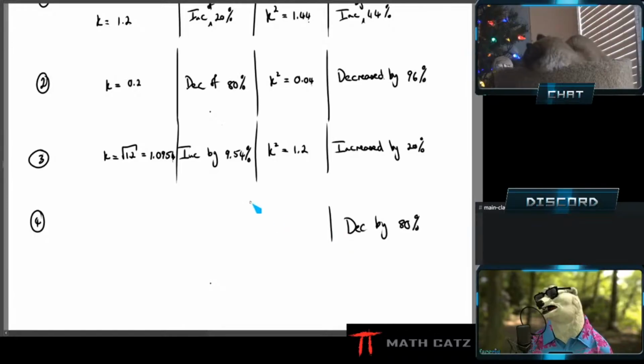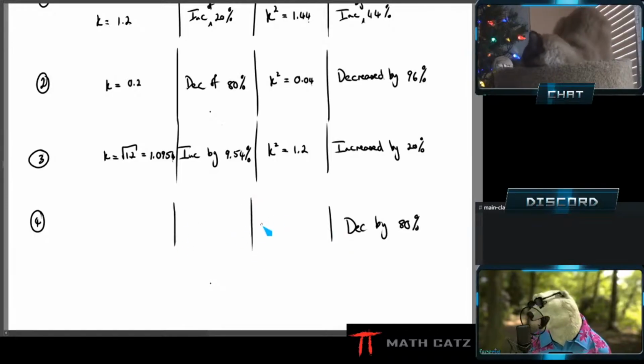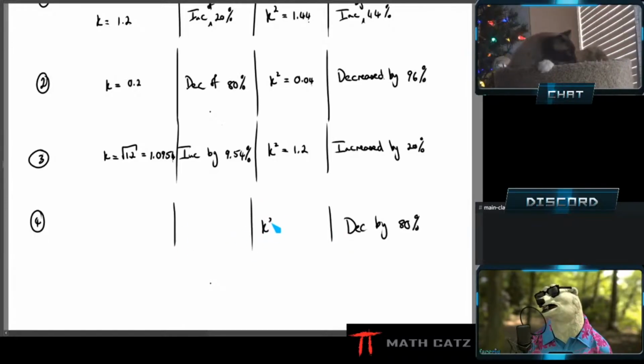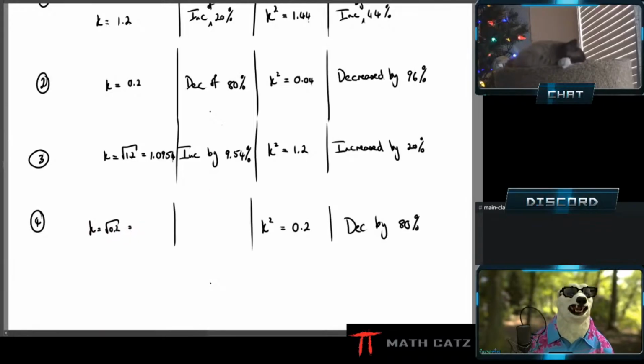And then the area factor corresponds to that. Area factor is going to go down by 0.8 from 1, so it's going to be 0.2 in area. I have to find the scale factor first before I can interpret it as a percentage, so it'll be the square root of 0.2.